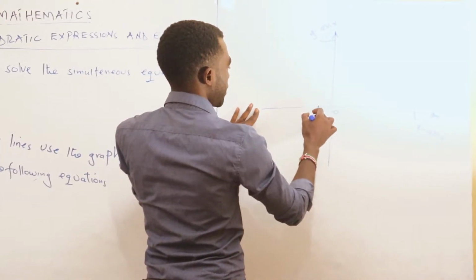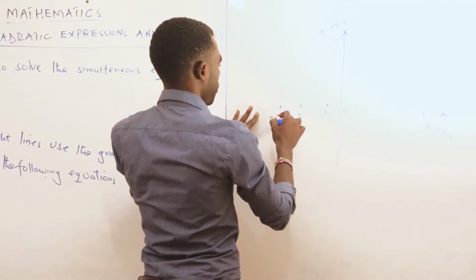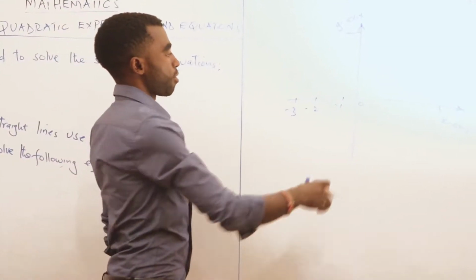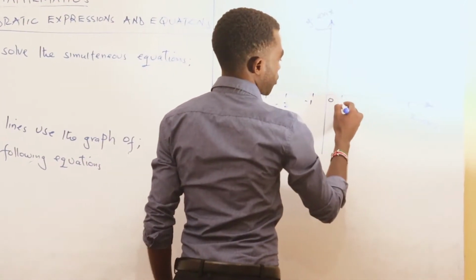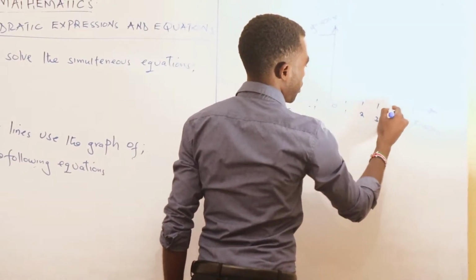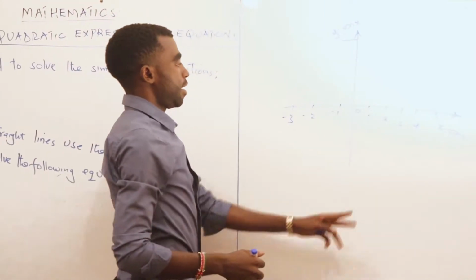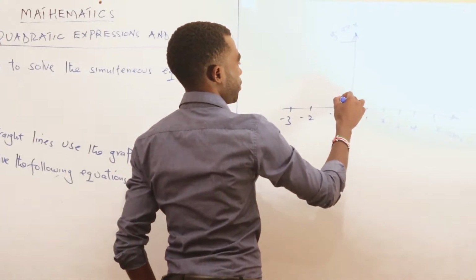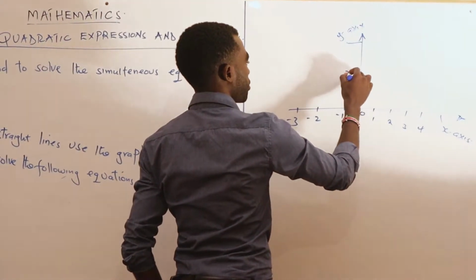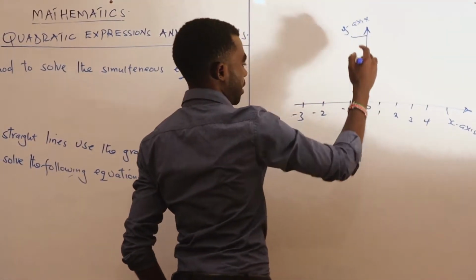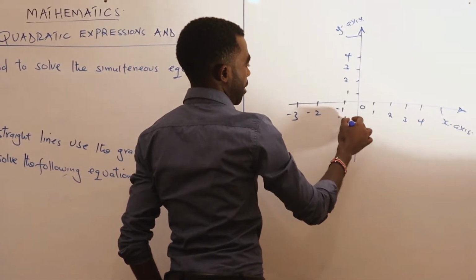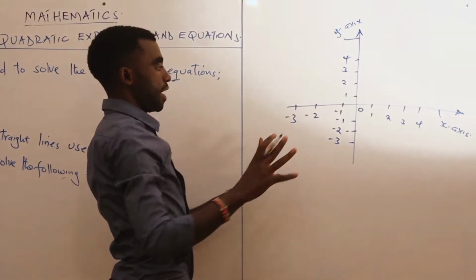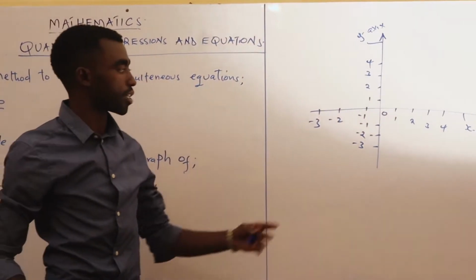So from 0, we have -1, -2, -3, all the way the numbers proceed to the left side. From 0 to the right side, remember these are positive numbers. So we have 1, 2, 3, 4, the numbers proceed. From 0 upward, these are positive numbers, +1, +2, 3, 4, and consequently it happens in this case here. We have the values which are negative. So this is just a brief sketch of a Cartesian plane.